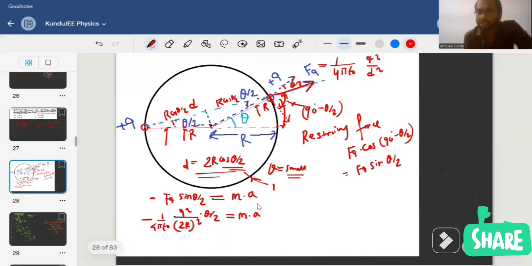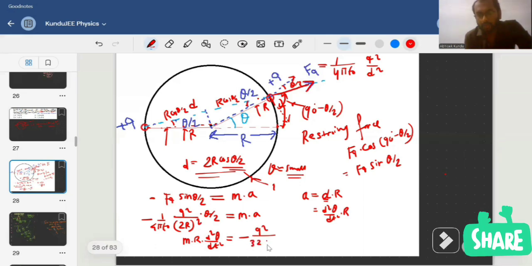Now, a is the acceleration towards the equilibrium position. Acceleration is angular acceleration into R, and angular acceleration is the rate of change of angular velocity, so it is d2 theta by dt2 times R. So we substitute: m into R into d2 theta by dt2 equals minus of Q square by, 2 to 4, 4, 4, 16, 16 into 2 is 32, 32 pi epsilon naught R square.